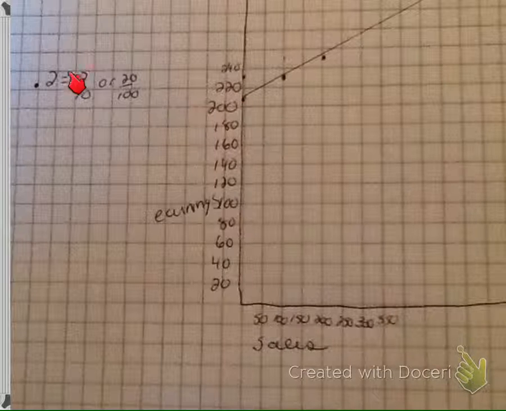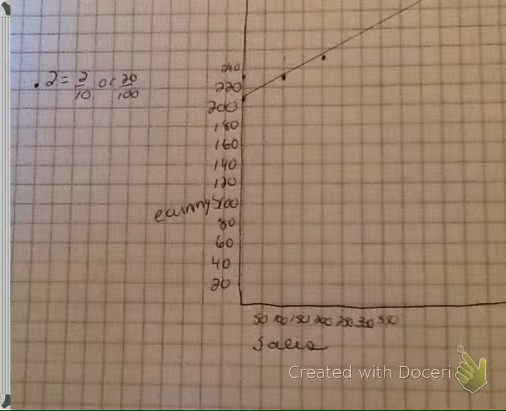So now I have to go up 20 and over 100, and so here's 10, here's 20, that's up 20, and I'm counting by 50s on the x-axis, so this is 50, 100, and then I did it one more time because I like to have more than one point there, up 20 over 100 again.